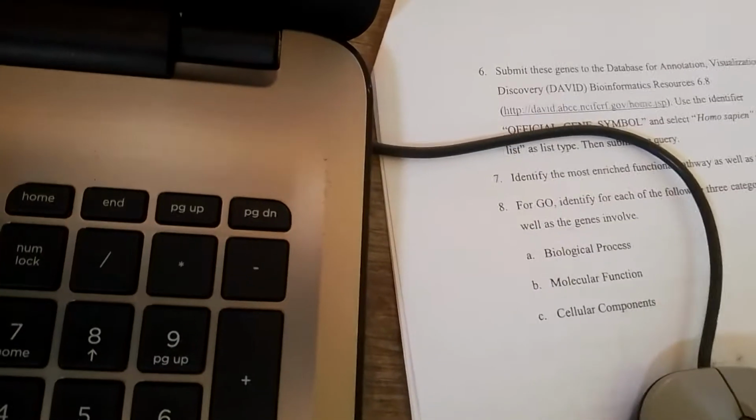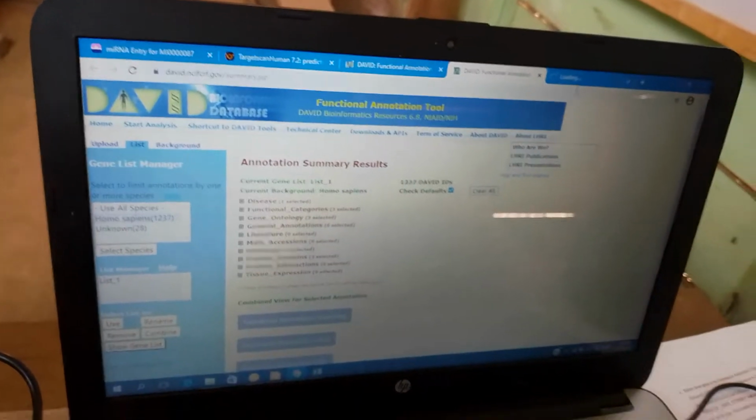Biological process, okay? Gene ontology. GO means gene ontology. So let's check whether our window has already, it is still loading.